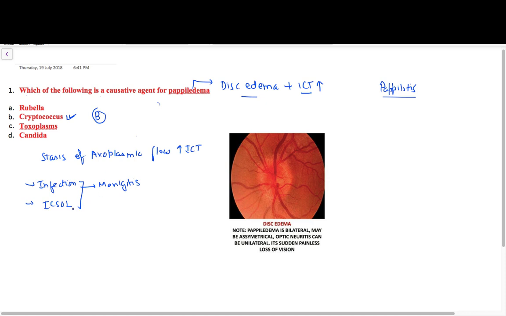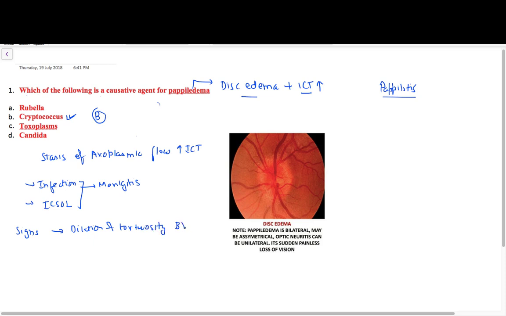A few more things that you should remember for papilledema: what are the signs of papilledema? The main important signs are dilation and tortuosity of blood vessels.